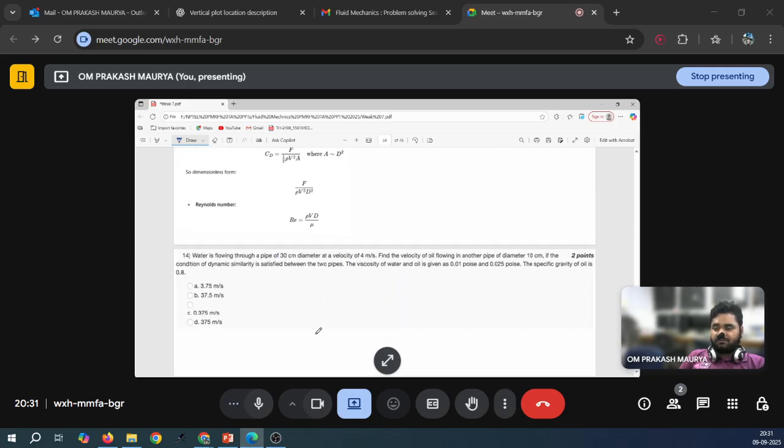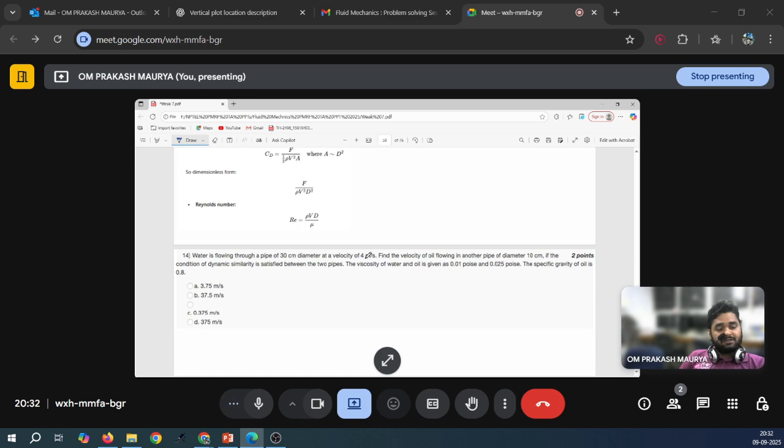So another question, very important. The water is flowing through a pipe of 30 centimeter diameter at a velocity of 4 meter per second. Find the velocity of oil flowing in another pipe of diameter 10 centimeter, if the condition of dynamic similarity is satisfied between the two pipes.